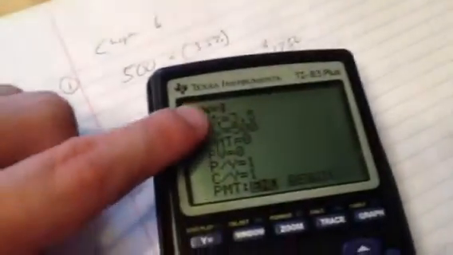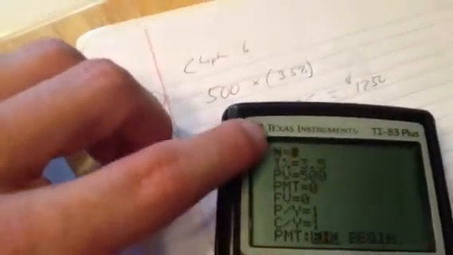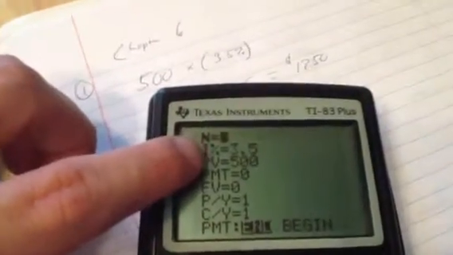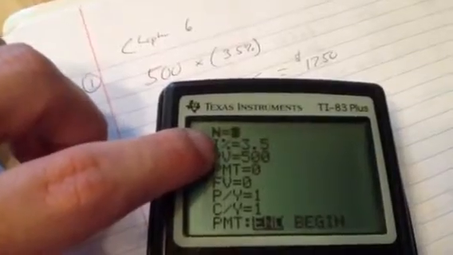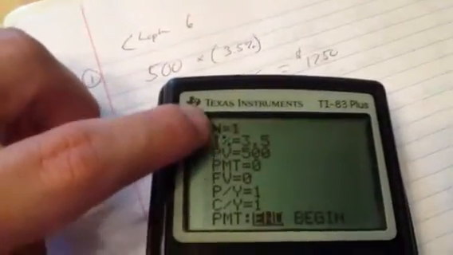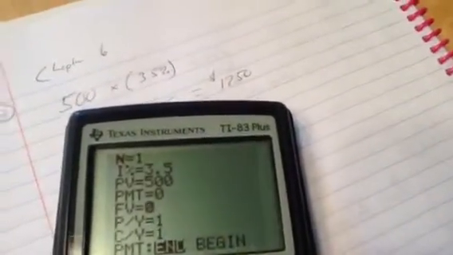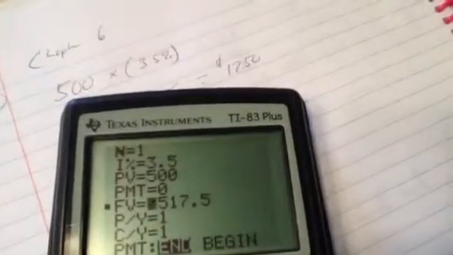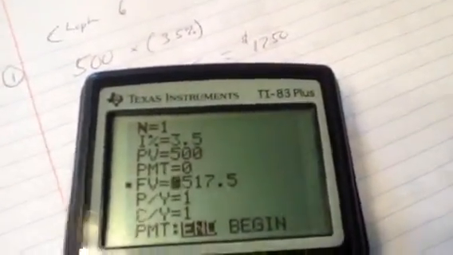So for how many periods? For 1 period, because this is an annual rate. That's the rate of growth of interest in a year. How many years is the relevant question, not how many months. So I put the 1 in there, I go down, I solve. There's the $517.50, and you would know again that $17.50 of that is interest. The rest is principal. Okay, fair enough.